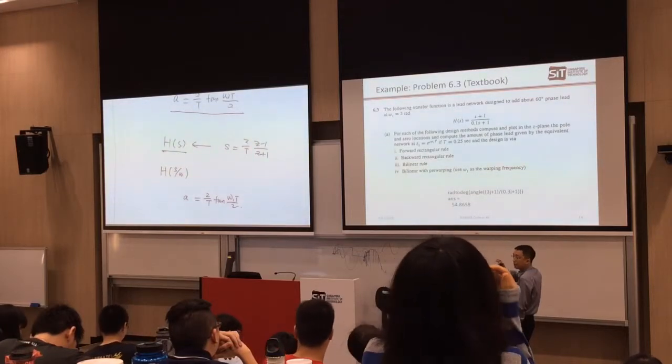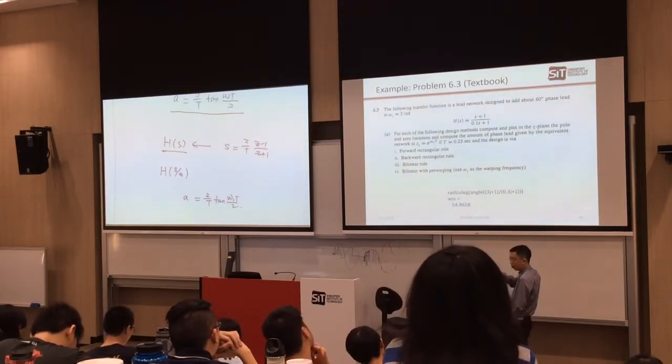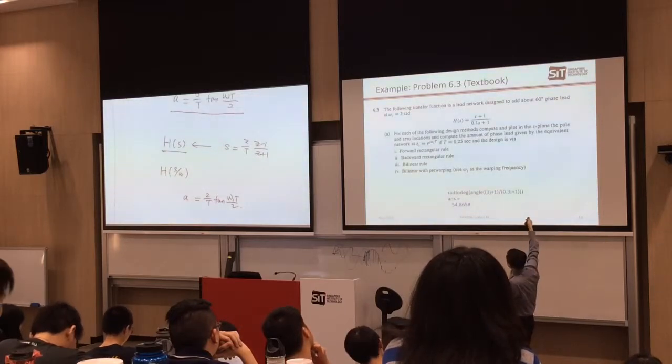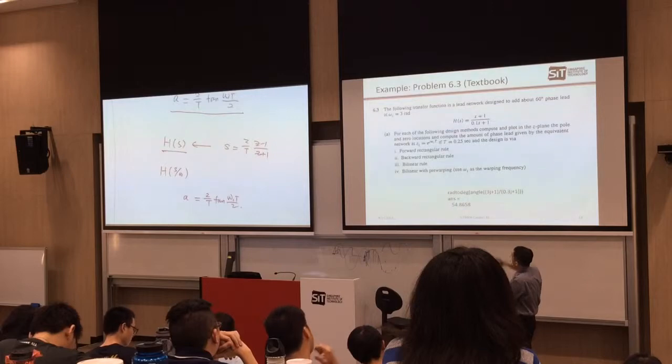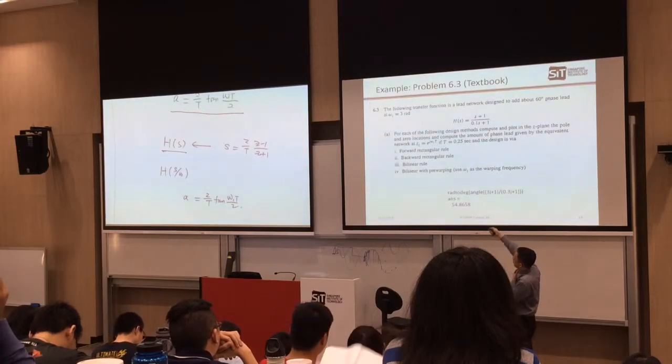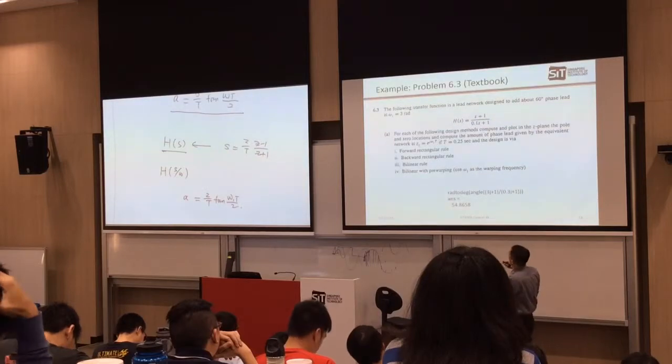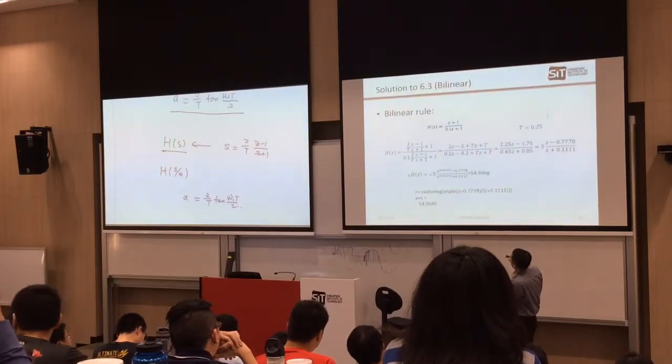So if you design a phase compensator, you want this one to give you a 60-degree phase peak at frequency 3. We will skip the forward backward one; that is going to the next slide after class, and next week we will show you the answer. We are going to look at the pre-mapping one.